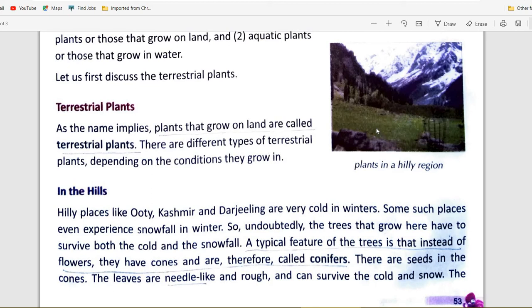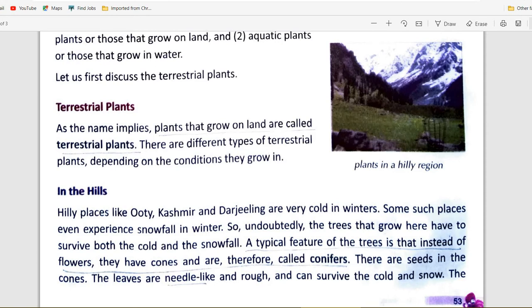It is land, but the places are different, and the plants have different features to grow in these types of land areas. So terrestrial plants have different conditions to grow in. First of all, we will see the hills.